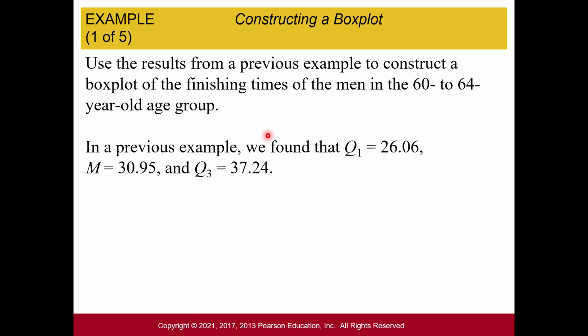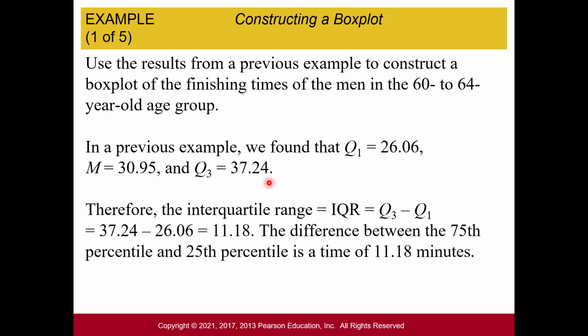So we've already done some of these calculations. We know that quartile 1 is 26.06, the median is 30.95, and quartile 3 is 37.24. So the interquartile range, which we're going to need for our calculation, is just Q3 minus Q1, so that's going to be 11.18.